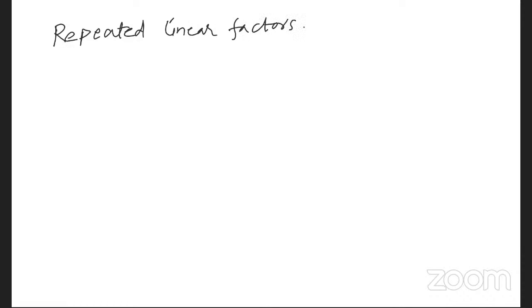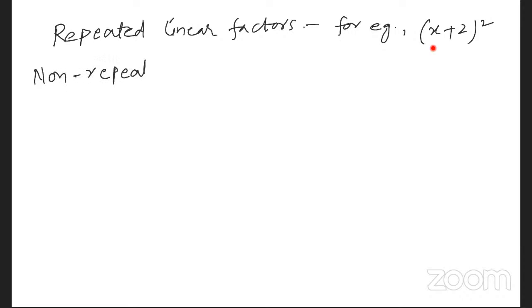It is very simple to understand. You know what a linear expression is? x plus 2 whole square. This is a linear factor which is repeated twice. If it is x plus 2 whole cube, it is repeated thrice. Now we'll see what a non-repeated linear factor is.